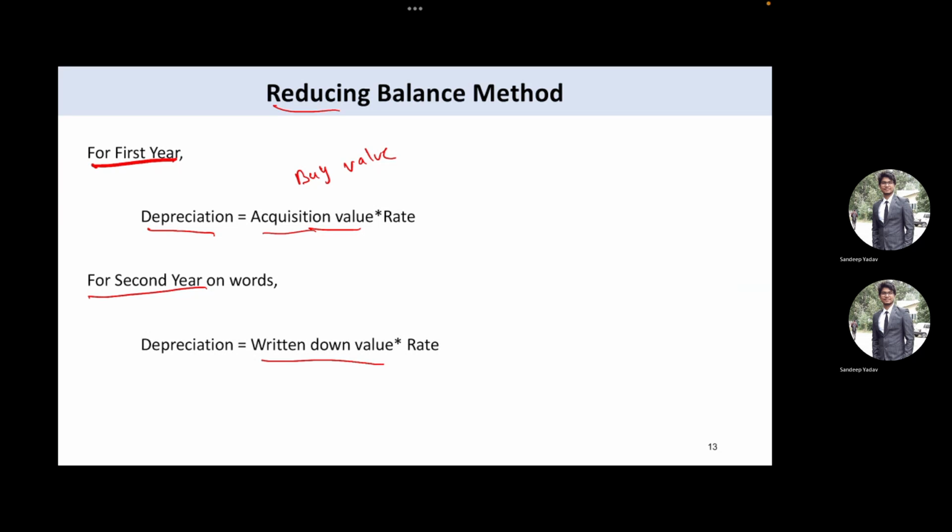Here in the first method we are depreciating an equal amount. Here, if we are taking 100,000 and a depreciation rate of 25%, from the first method it will remain 75,000, and for the second year onwards, 25,000 will be deducted.